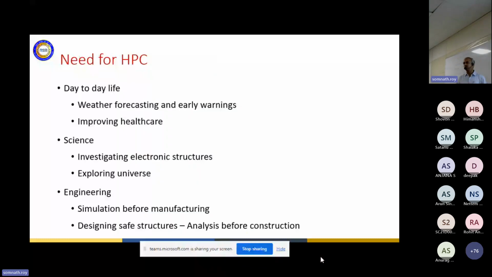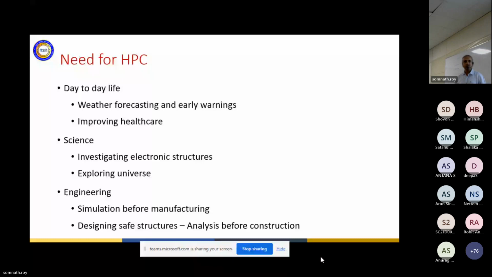Okay? So why do we need HPC? From the humanity perspective, in day-to-day life, we need them for weather forecasting and early warnings, especially cyclones and other things, predicting them. Then improving healthcare, because that is one of the biggest challenges humanity faces, different kinds of viruses and other things, of which Corona was one of the very sad examples.